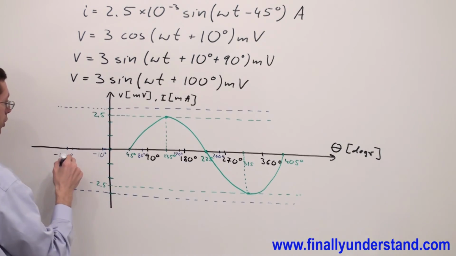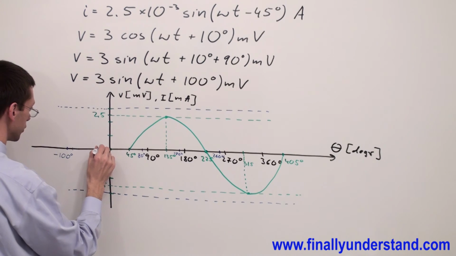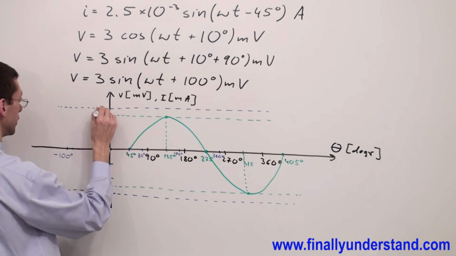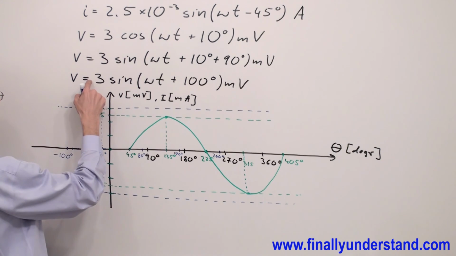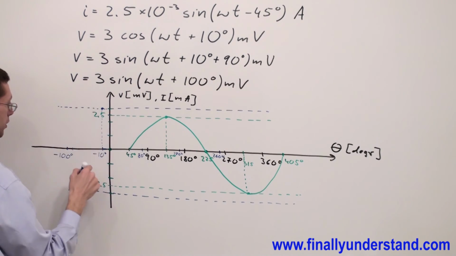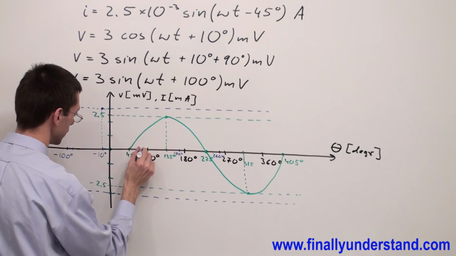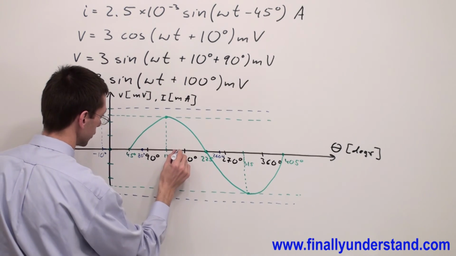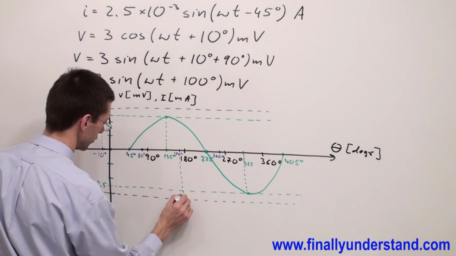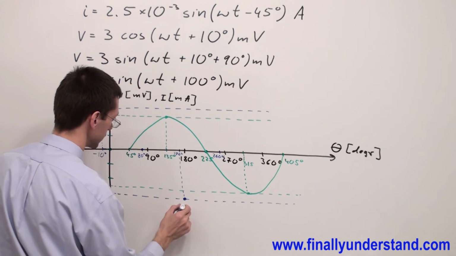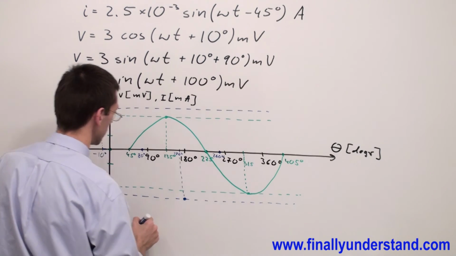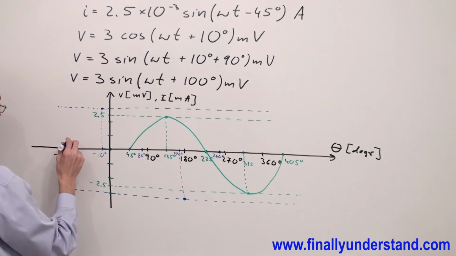Next, I'm supposed to realize that at negative 10 degrees, I'm going to have my peak because this is positive voltage. I'm going to start from the positive half a cycle. At 80 degrees, I'm going to have negative going zero crossing. At 170 I'm going to have negative peak, and at 260 I'm going to have positive going zero crossing.